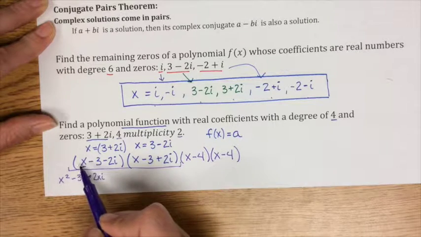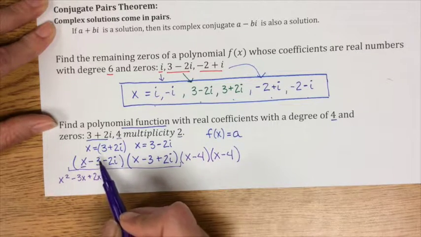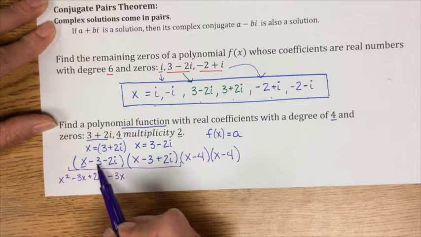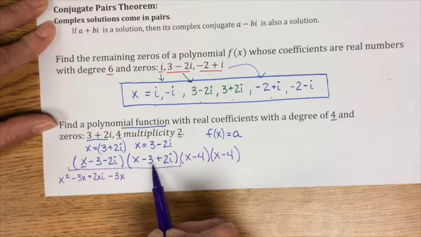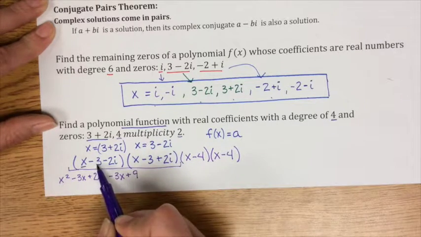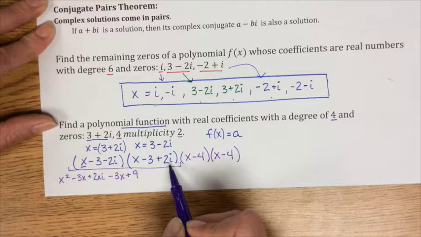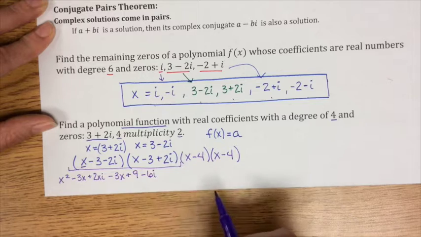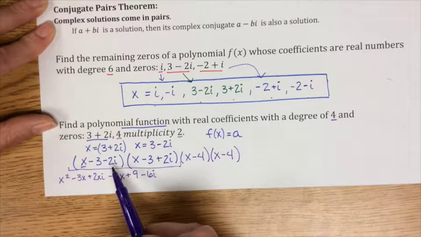Now I'm done with this, and I'm going to move to the negative 3. Negative 3 times x is negative 3x. Negative 3 times negative 3 is positive 9. Negative 3 times 2i is negative 6i. All right, the last term.